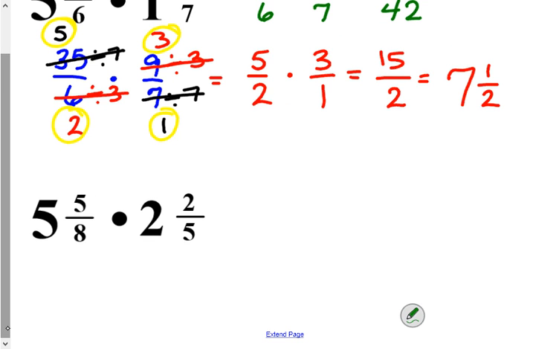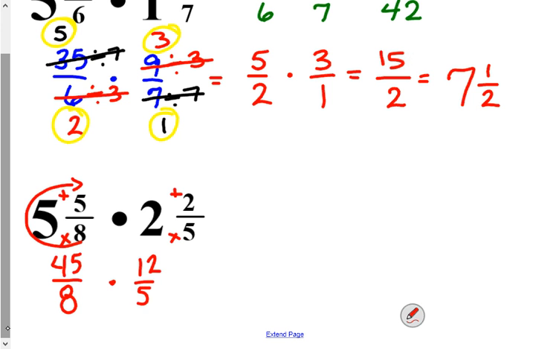All right, the next one, 5 5/8 times 2 2/5. 5 5/8 is equal to 45/8. And remember, I get that by doing 8 times 5 is 40, plus 5 is 45. 45/8 times 5 times 2 is 10, plus 2 is 12. So times 12/5.